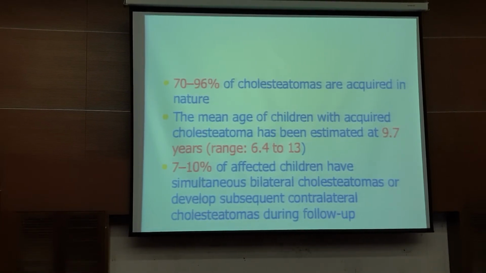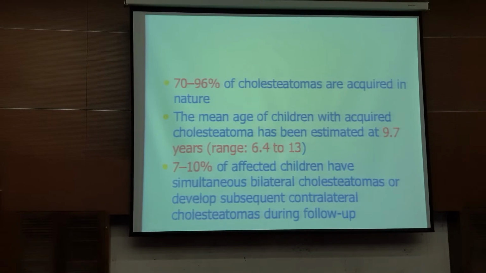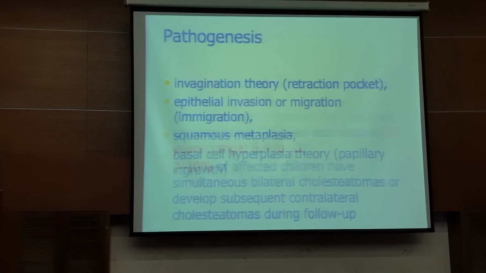If, let's say, you think about the acquired types, the mean age is around 9 years old, and 7 to 10% of affected children have bilateral ear involvement. So in other words, when you have one patient with ear cholesteatoma, you should examine the contralateral side.